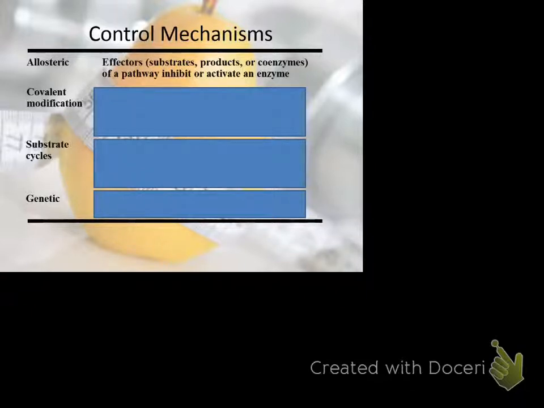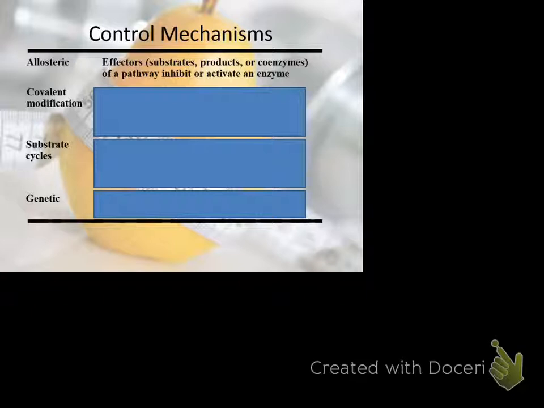What's another way to do covalent modification? So just adding phosphate groups, what else could you add? Methylation, acetylation, adding acetyl groups. There's glycosylation, they can add sugars to various things. But this is where you form a covalent interaction.